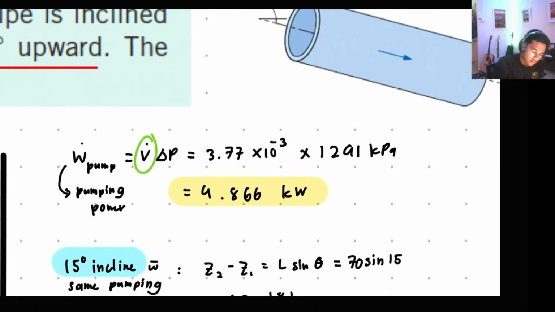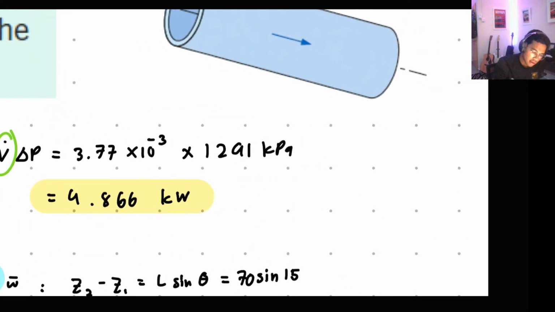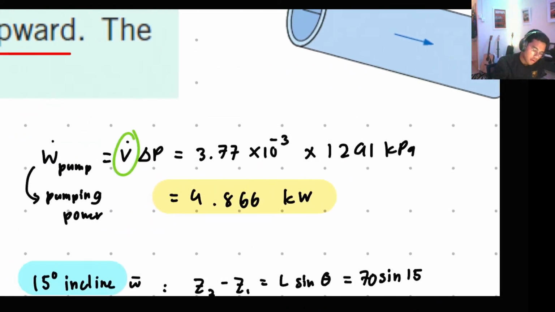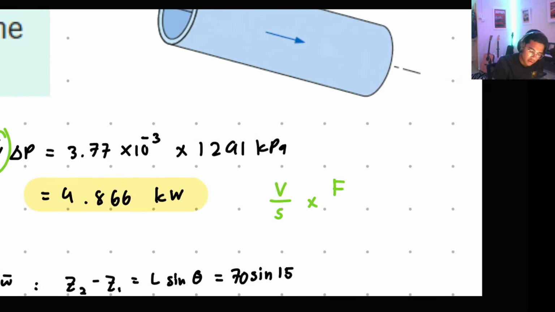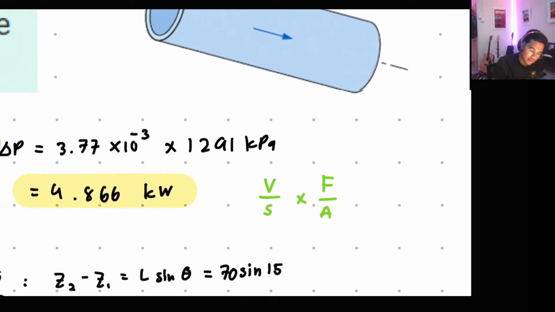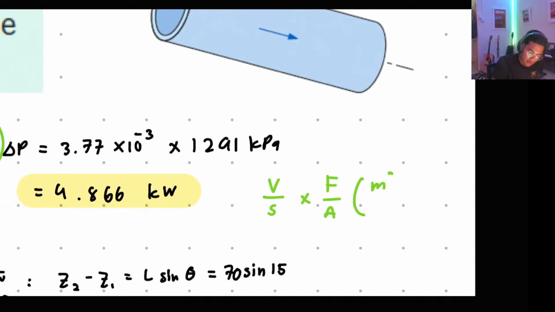Okay. So pumping power is, flow rate is volume over seconds times pressure. Pressure is force over area. Volume is meter cube over s times Newton over area.